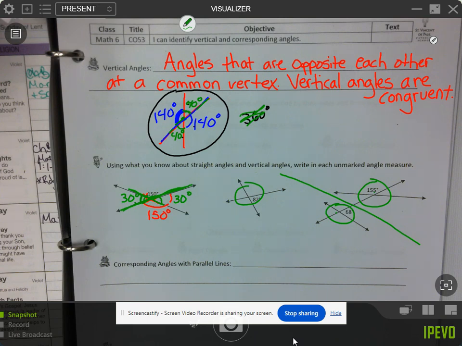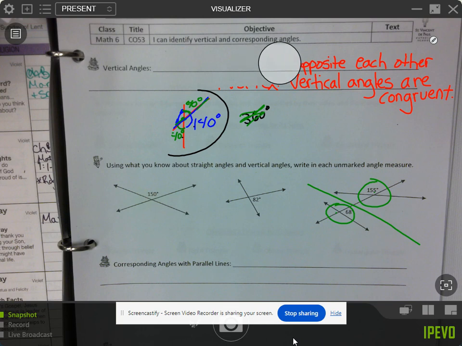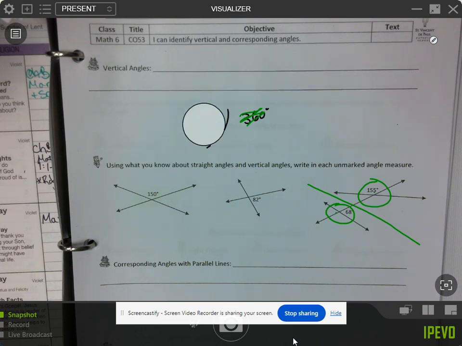But we're going to put our pencils down while I erase. We're going to look at the bottom half of this page, because we're not just learning about vertical angles, we are also learning about corresponding angles.